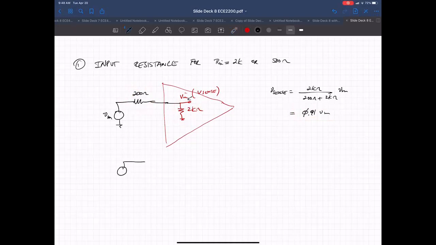Now let's look at the same thing, but with a 500 ohm input resistance.